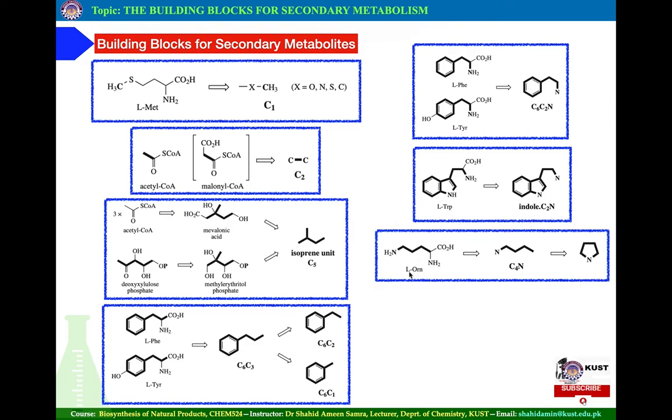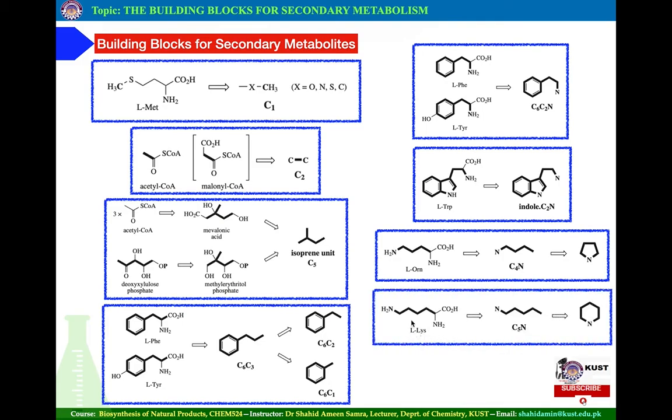Similarly, the amino acid ornithine gives rise to C4N units. This is an aliphatic unit with 1 nitrogen that may go towards formation of a ring and produce this 5 carbon, nitrogen containing heterocycle. L-lysine provides us with a 6 carbon, 6 member cyclic system with a nitrogen atom, so a heterocycle with a nitrogen atom.